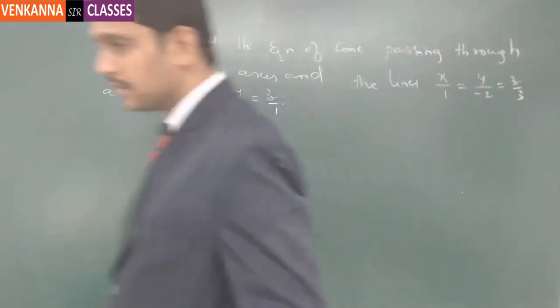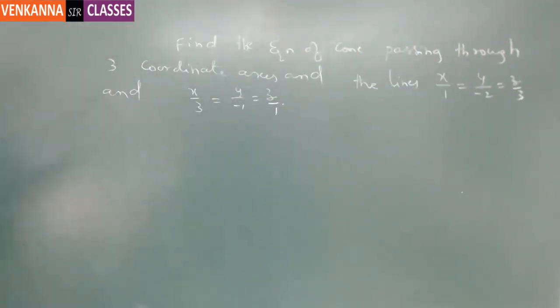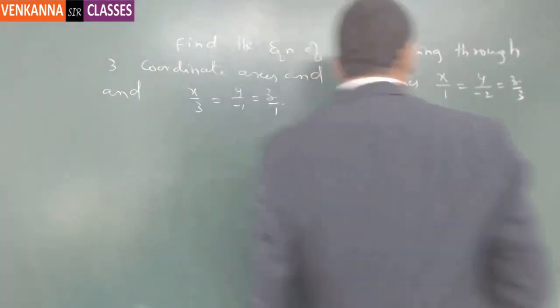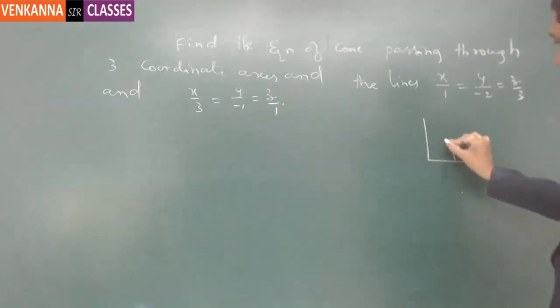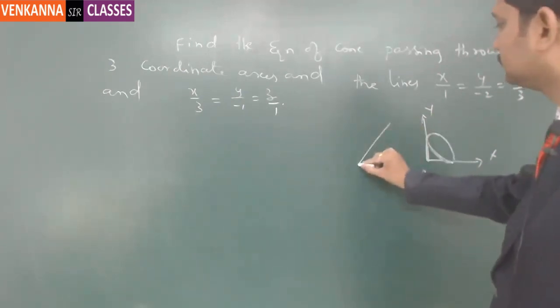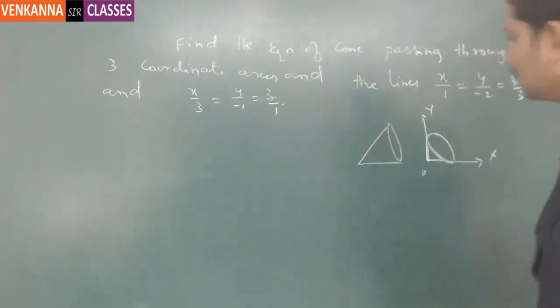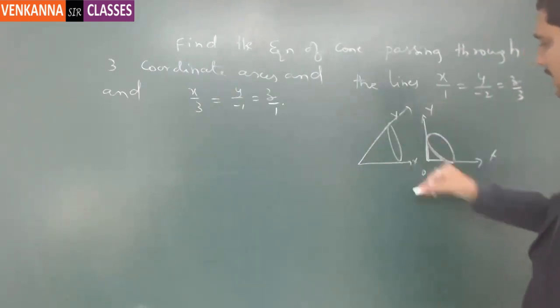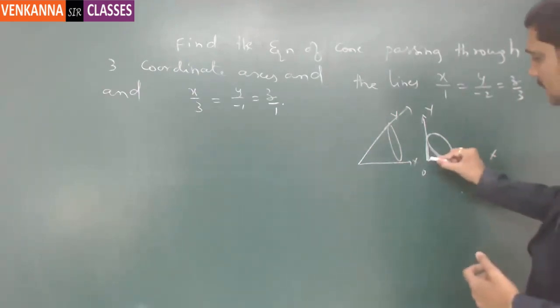Now, if you want to have a small visualization over this problem, say this is x-axis, this is y-axis, this is origin, this is the cone we are getting. So this is the cone part. So here you will get y-axis, here you will get x-axis, and z-axis also will come like this.